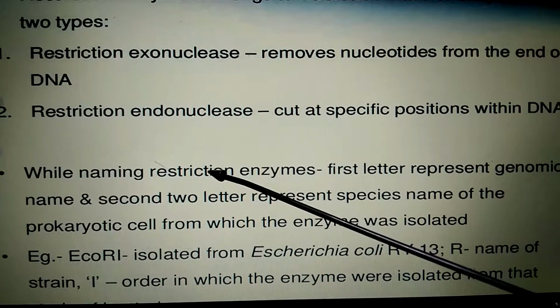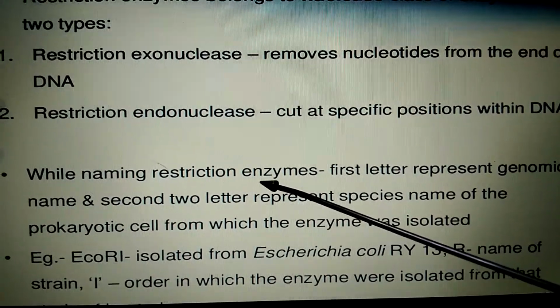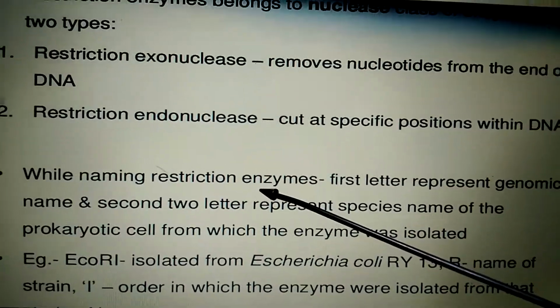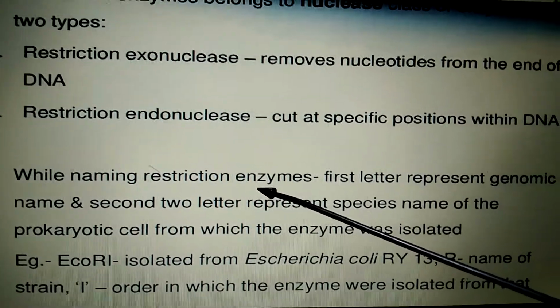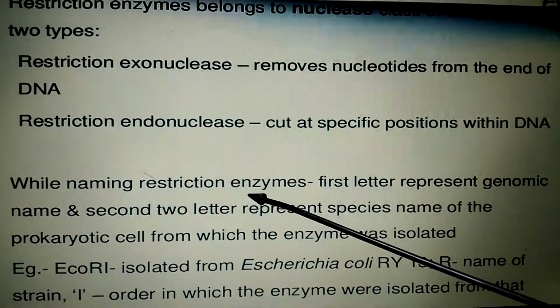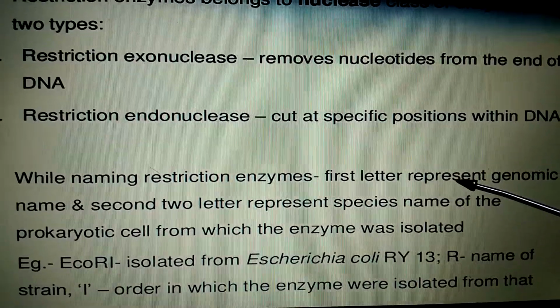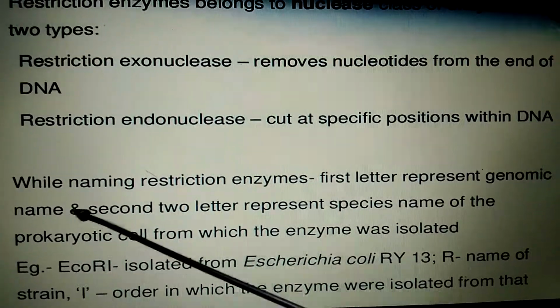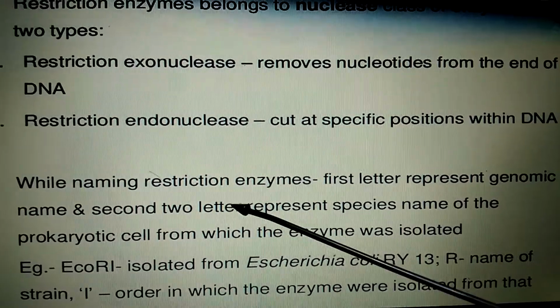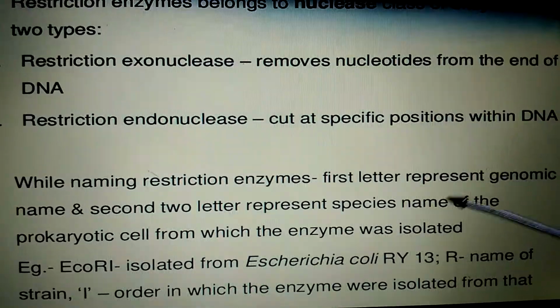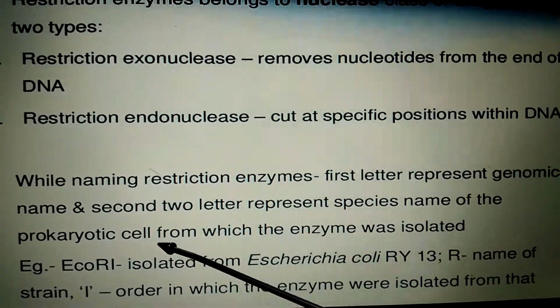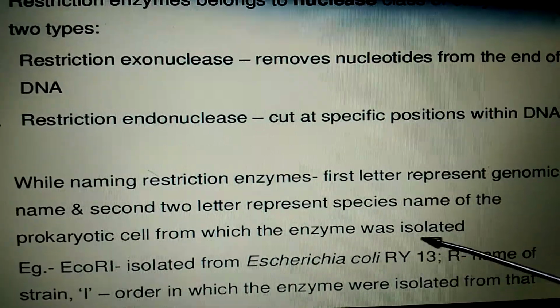So how have the restriction enzymes been named, or what is the nomenclature for restriction enzymes? The first letter of the restriction enzyme represents the genus name, and the second two letters represent the species name of the prokaryotic cell from which the enzyme has been isolated.